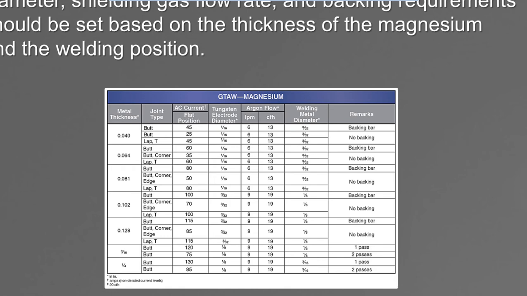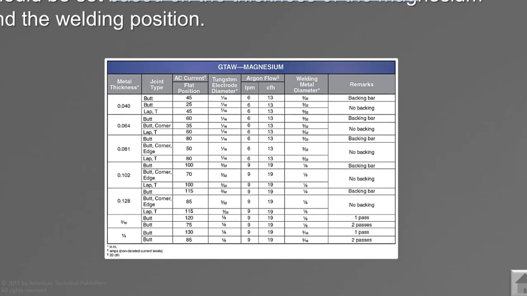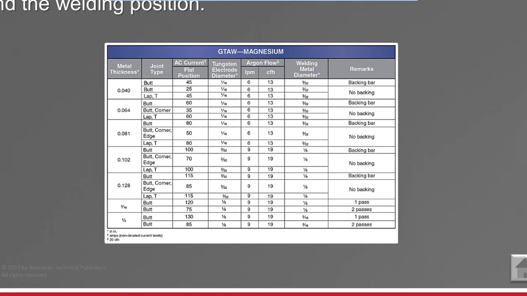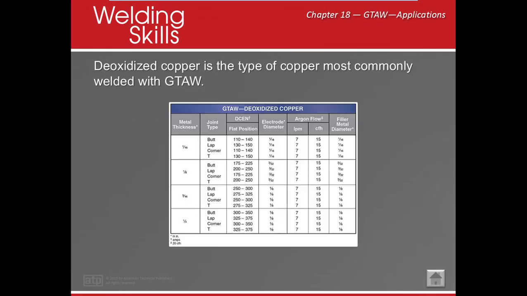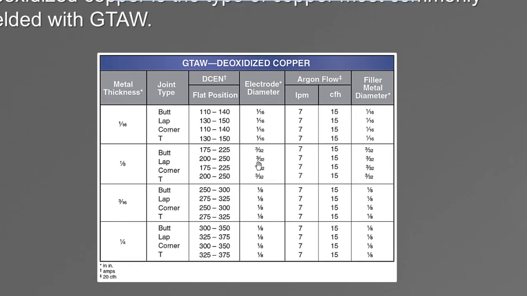All right, next up. This is almost laughable, guys, but I love it. Oh, come on. Next up is deoxidized copper. Okay, so deoxidized copper, they say, is most commonly welded copper, and they say it closely welds like mild steel.